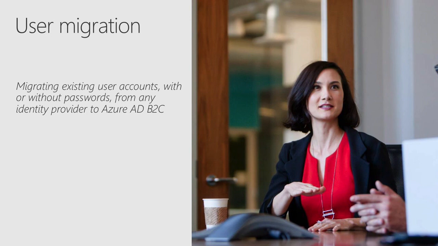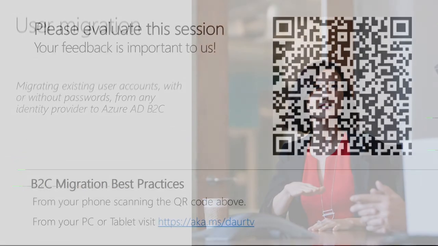You can use Graph API to create the users, pre-migrating with or without the password, or just run the migration just in time in two ways: first, create the account beforehand and set the password just in time, or create the user itself just in time.